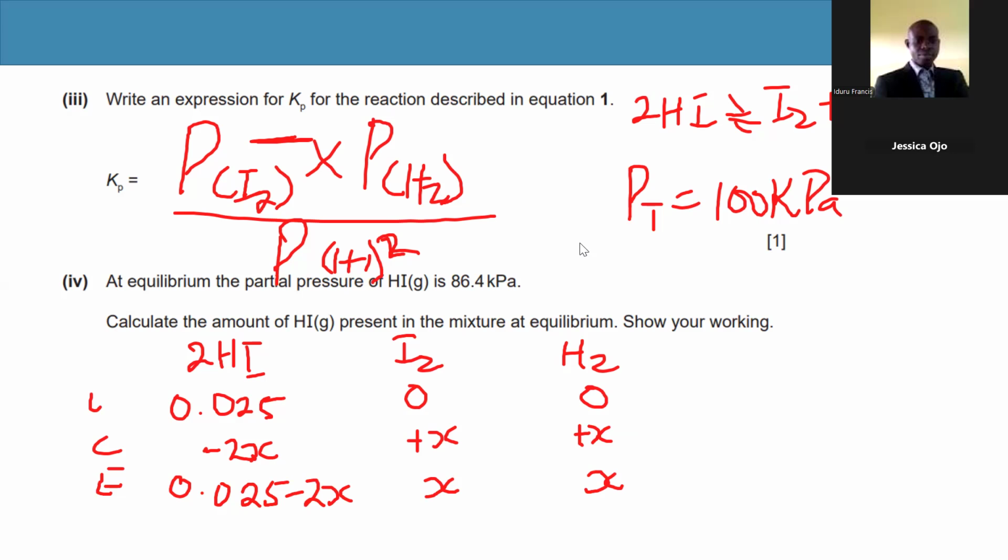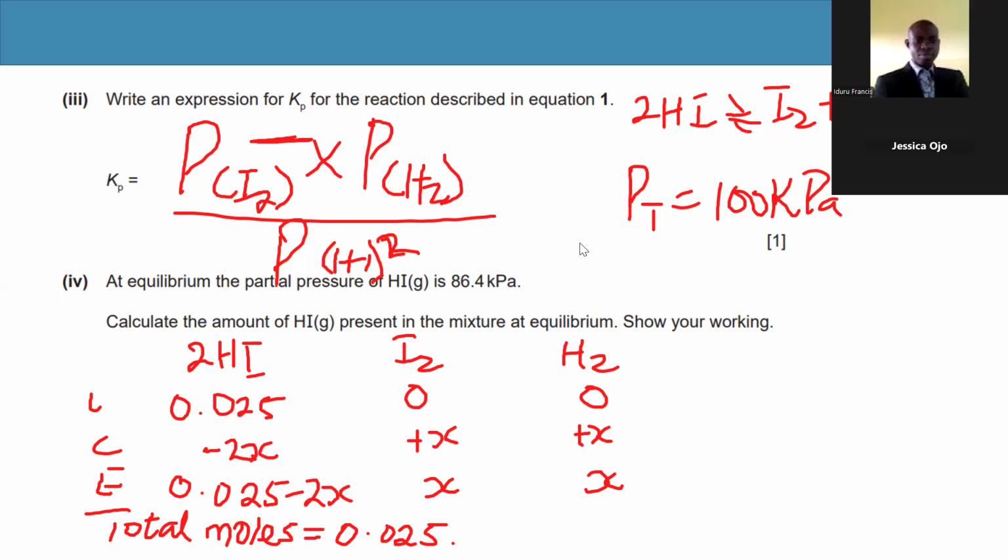Total mole will be 0.025 basically. When you add everything together, x plus x, and minus 2x plus 2x will be 0. So you already have your initial, which is 0.025, and then you have a total.